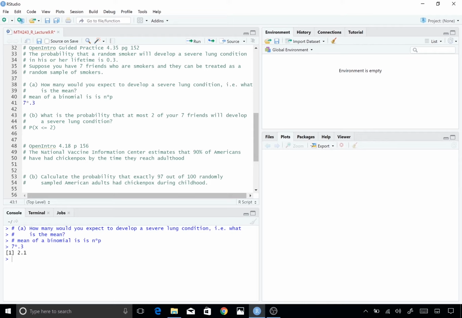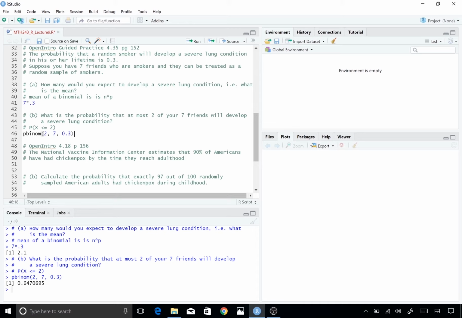What is the probability that at most 2 of your friends get the disease? At most means no more than 2. 2 is included, 1 is included, so is 0. We would use pbinom here, pbinom(2, 7, 0.3), 7 trials, 0.3 success on each trial. 0.647.